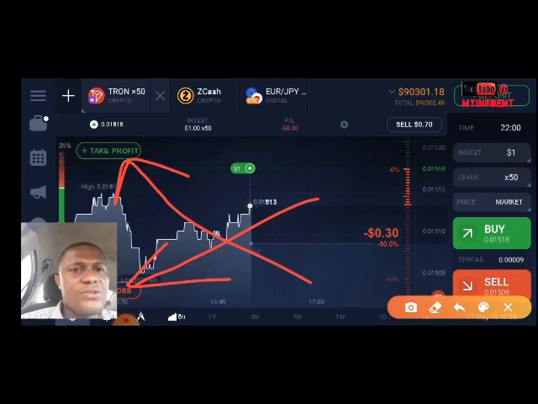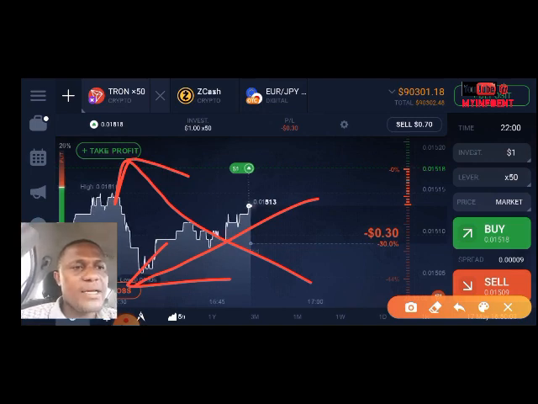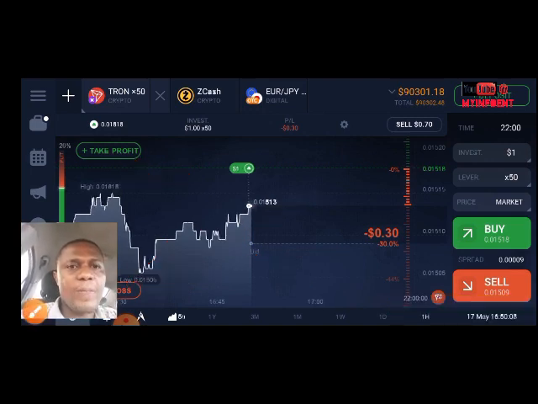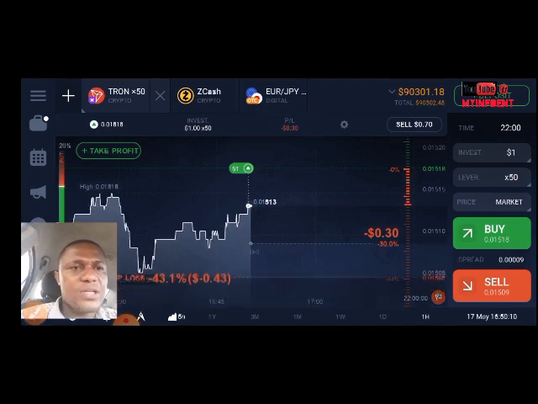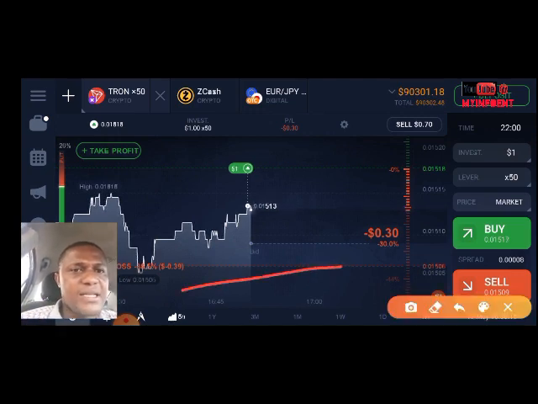If I want my trade to automatically close when the price reaches a certain level, I can set it here. So as you can see, I've set the stop loss at this point.